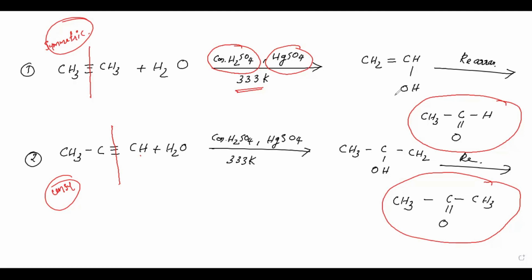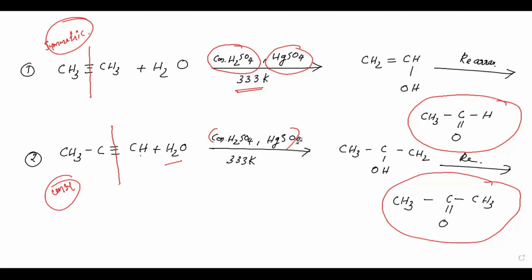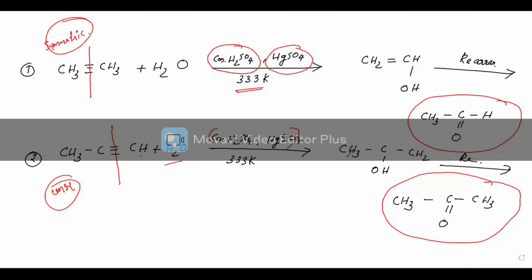And in the same way, when the unsymmetric alkyne is treated with water, with concentrated H2SO4 and HgSO4 at 333 Kelvin, we get ketones. Clear?